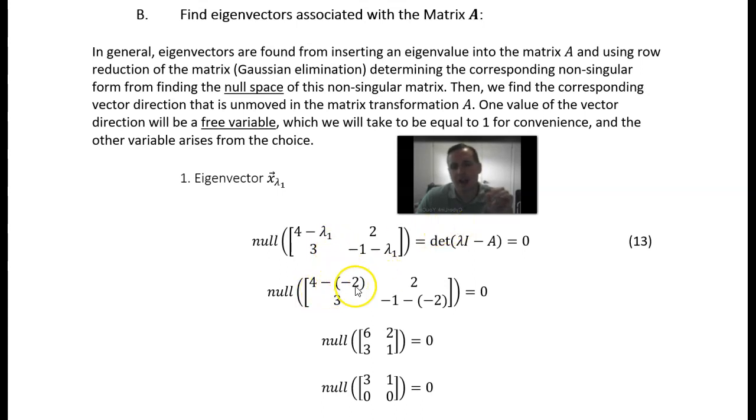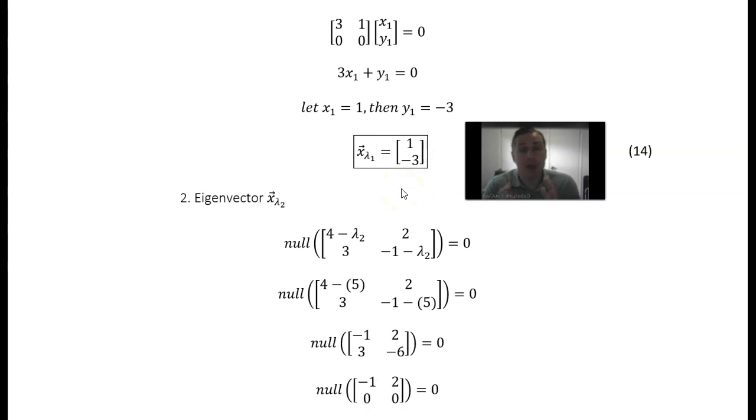So when we insert that eigenvalue in here and we calculate this null space, we want the null space of 6, 2, 3, 1 as a matrix, which row reduces to 3, 1, 0, 0. Now when we have reduced our matrix to a singular matrix such that the null space equaling 0 is going to give us a vector that does not rotate but only scales, that is going to be, namely, our matrix that we need to find our eigenvector.